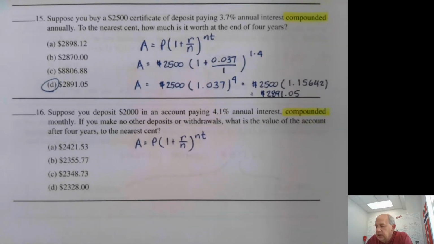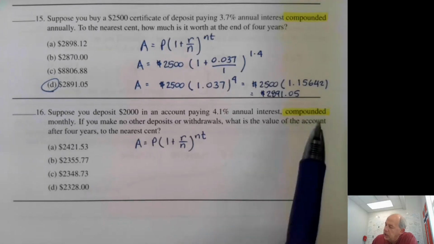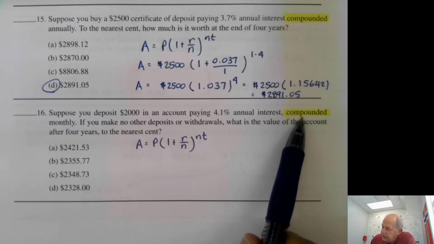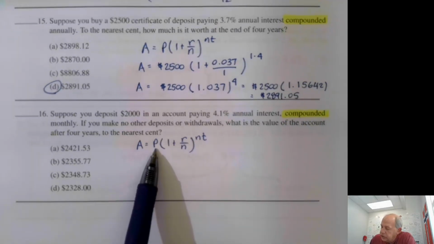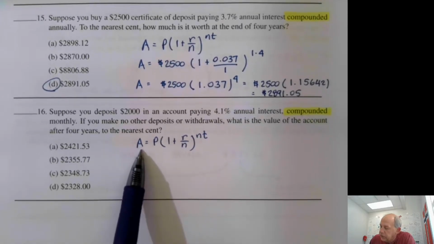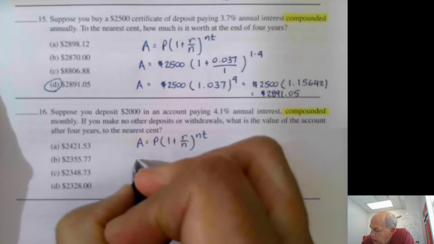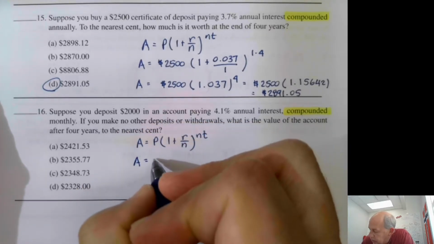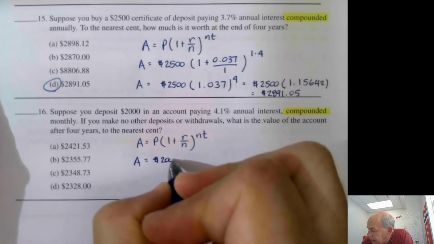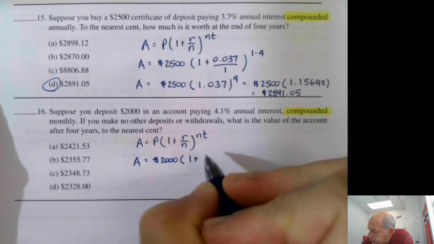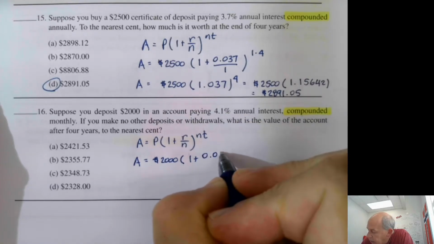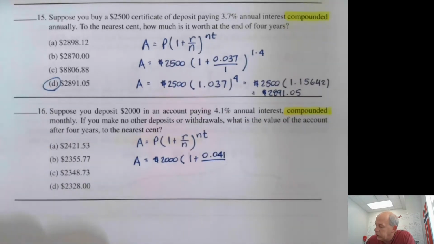Let's take a look at number 16, which is basically the same problem with the numbers changed. We're talking about a compound interest problem. That's why I chose that formula. I'm looking for the total future amount. Under these conditions, knowing that this summer job I earned $2,000, I put the money in the bank at 4.1% interest, 0.041.